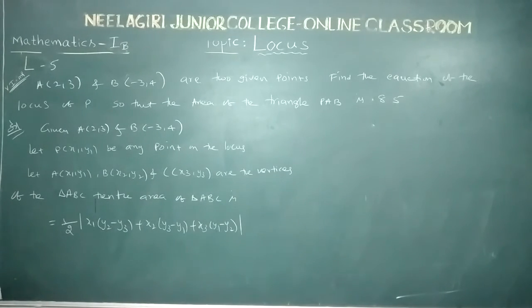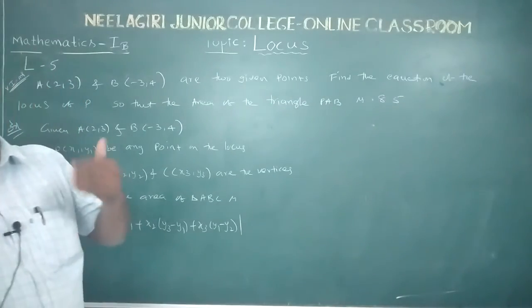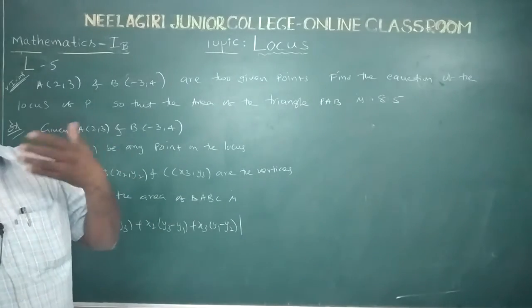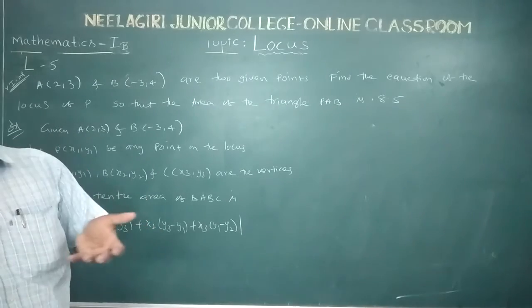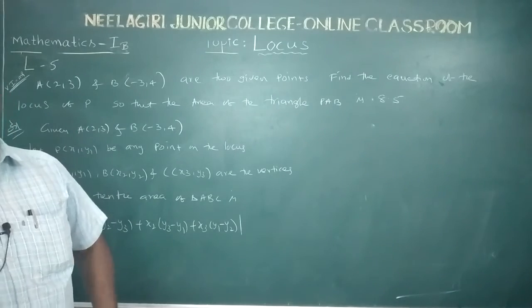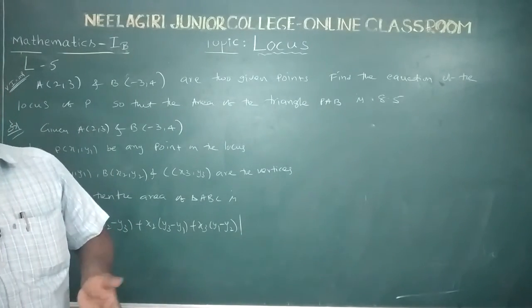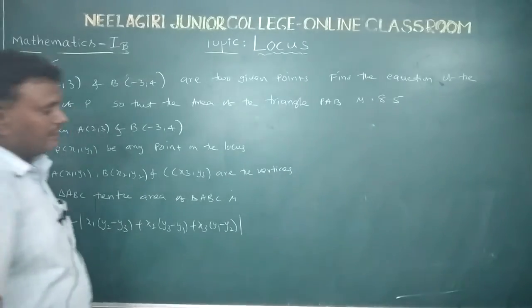We already discussed this in 10th class coordinate geometry. To find the area of the triangle, or to show that points are collinear, what is the condition of collinearity? The area of the triangle is equal to 0, then the points are collinear. Use the formula half into mod of x1(y2 - y3) + x2(y3 - y1) + x3(y1 - y2).